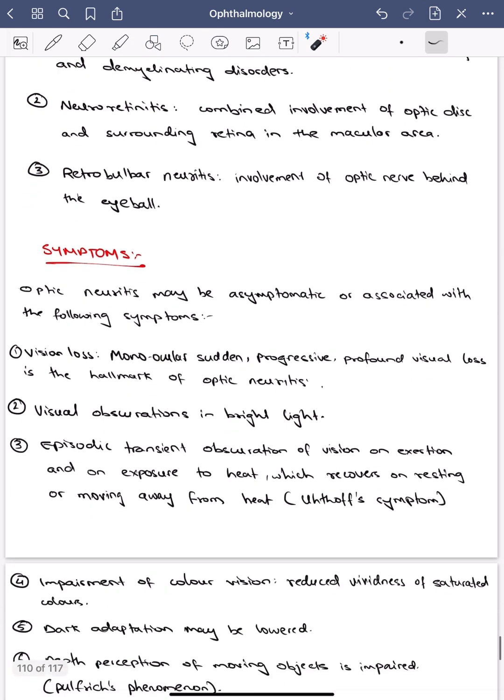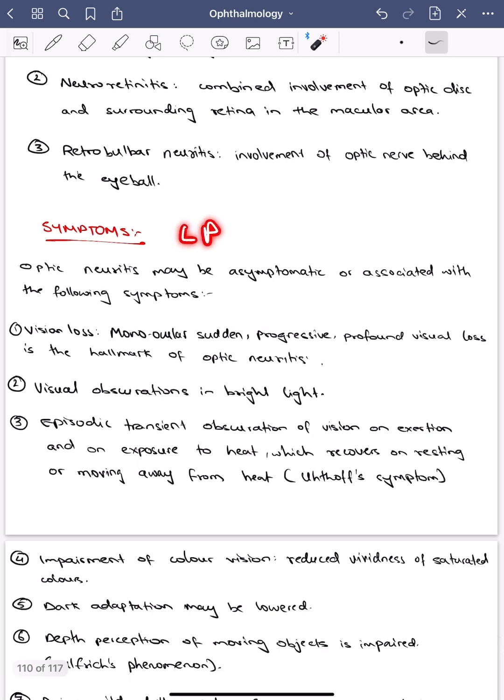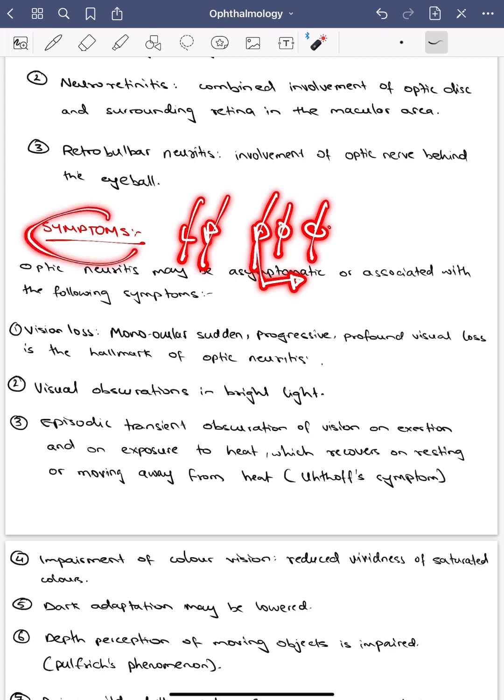Then the symptoms, remember the mnemonic LP DOC: L for vision loss, P for pain, D for depth perception is reduced and lowering of the dark adaptation, O for obscurations which are seen in bright light and on exertion or exposure to heat, known as Uhthoff's symptom, and C for impairment of color vision. Now remember, if depth perception of moving objects is impaired, this is known as Pulfrich phenomenon. So these are the symptoms of optic neuritis.